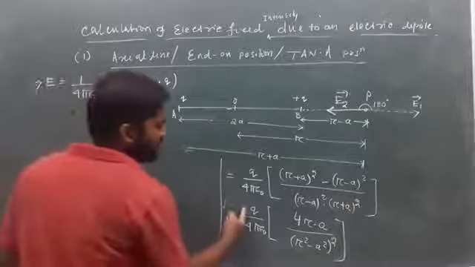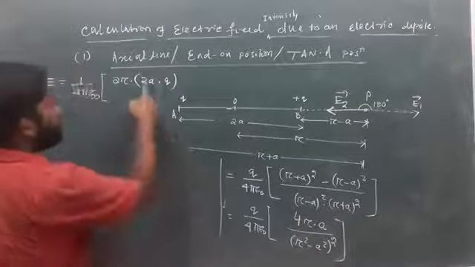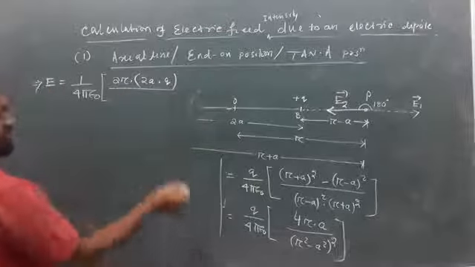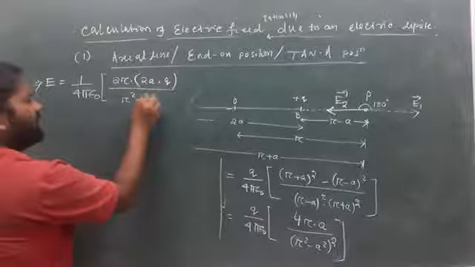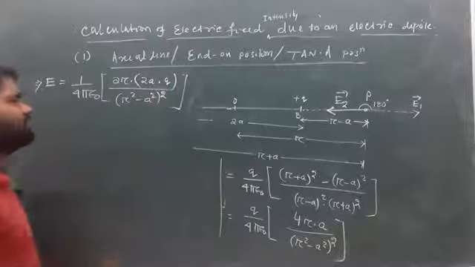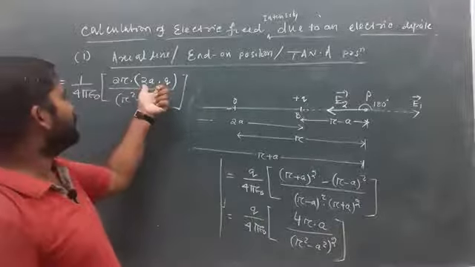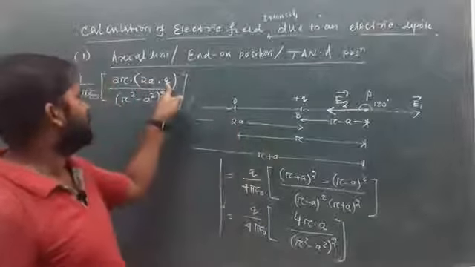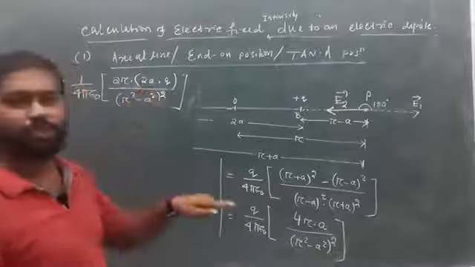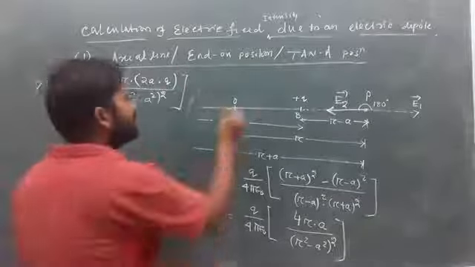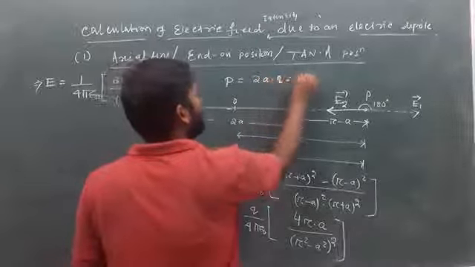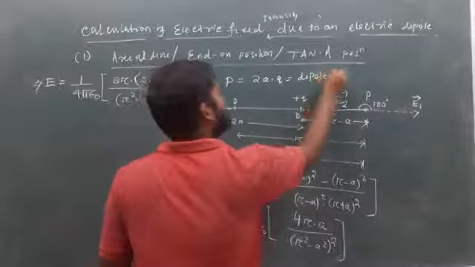This q term that I separate here, 2a into q divided by (r square minus a square) whole square. 2a is the dipole length, q is the magnitude of either pole. So 2a into q is called the dipole moment, p. P equals 2a into q.